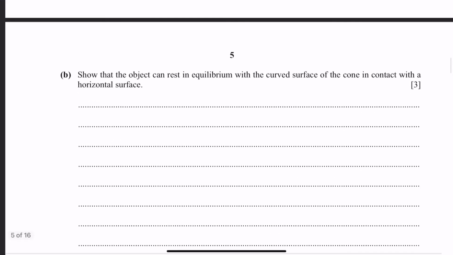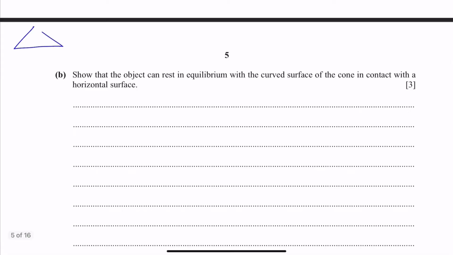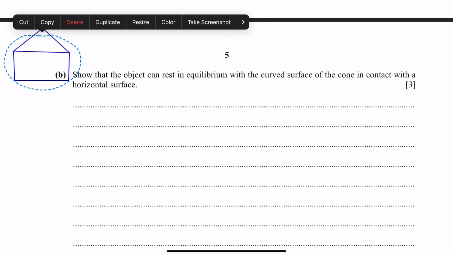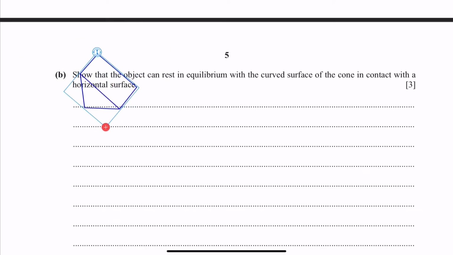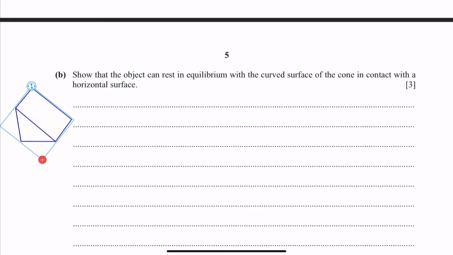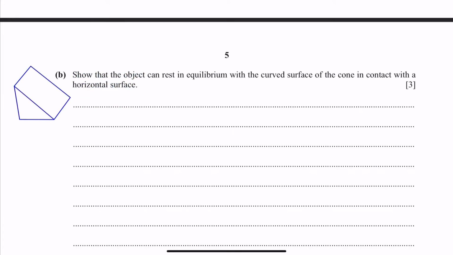That means we have our object like this, but now we have to let it rest with the curved surface on the horizontal surface. So let's tilt it like this. Yeah, sure. Let's just put it here. So we have the object like this.